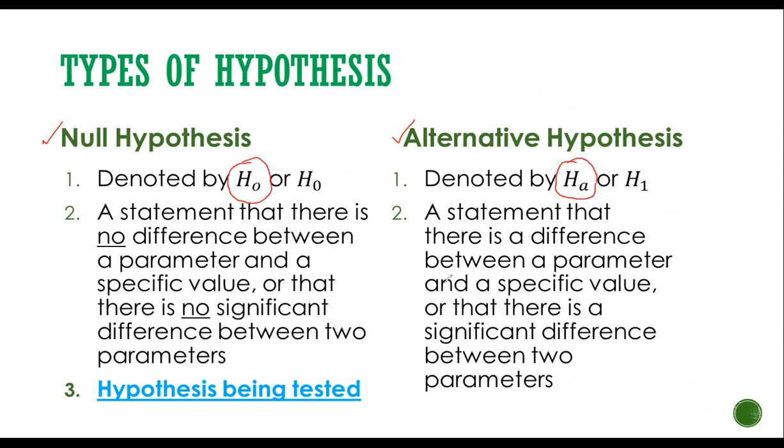And on the other hand, for alternative hypothesis, we'll be utilizing your H sub A. Under your null hypothesis, it states that there is no difference. No significant difference. Whereas, sa kabila, sa alternative, there is a difference. Okay? There is a difference.